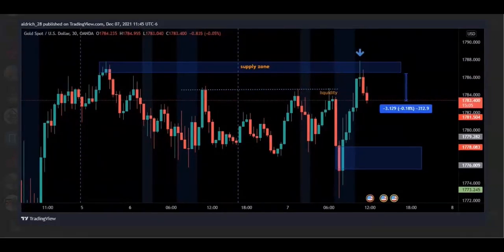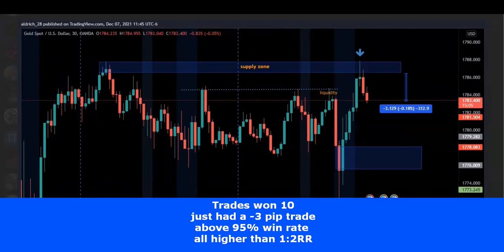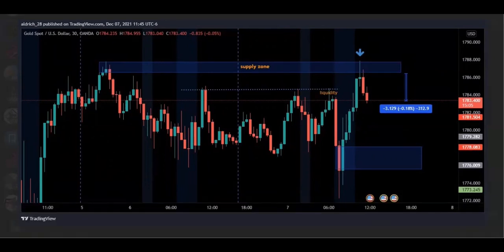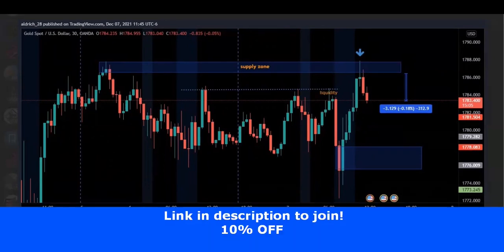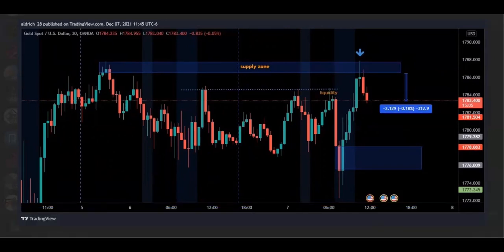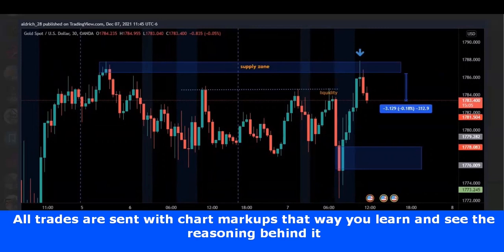We had a really high winning rate this month, and basically we just had a small loss of like -3 pips, and all of the trades that were sent were at least 1 or 2 risk reward ratio. Especially if you leave runners, you can achieve 1 to 3, 4, 5, even 10, 20 risk reward ratio. So it's pretty good. And at the same time, I send the markup charts so you can learn at the same time, guys.